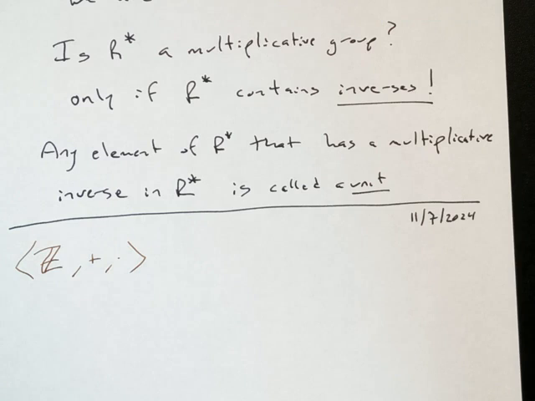So I want to know whether or not an integer has a multiplicative inverse. I want to know if there's something you can multiply that integer by to get 1. But that element needs to also be an integer.